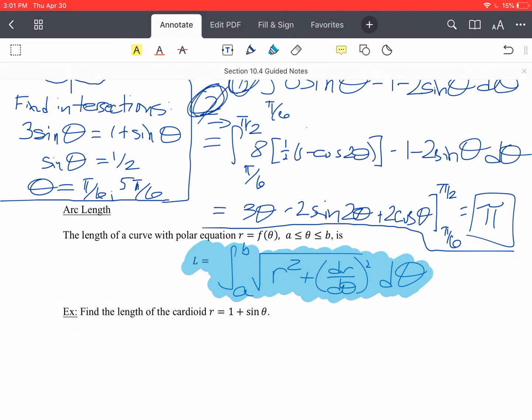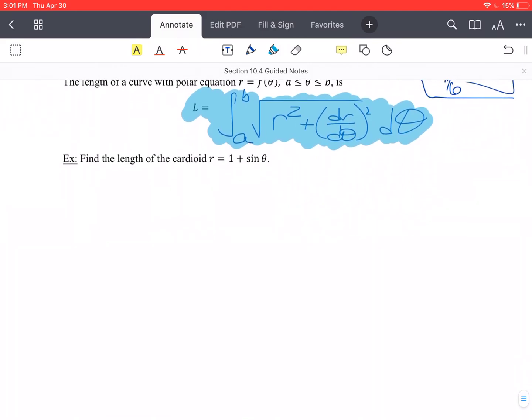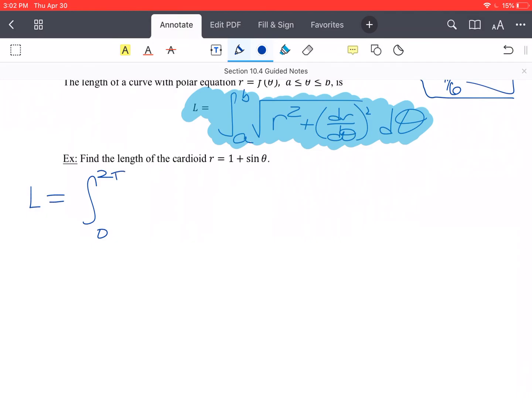Okay, so let's go ahead and try an example with this. Find the length of the cardioid. The same cardioid we've been working with, let's find its length. So this is going to be L equals the integral from 0 to 2 pi, and that's because one rotation around the cardioid goes from 0 to 2 pi.